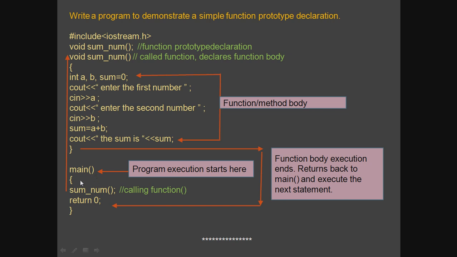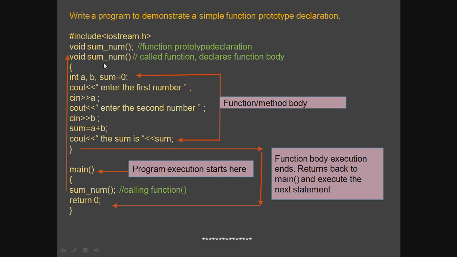After that, once it goes here, the main function will invoke this calling function, and then the calling function will temporarily leave the main function and go in search of the call function, which it finds here.